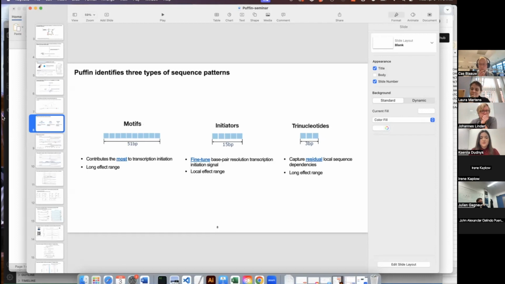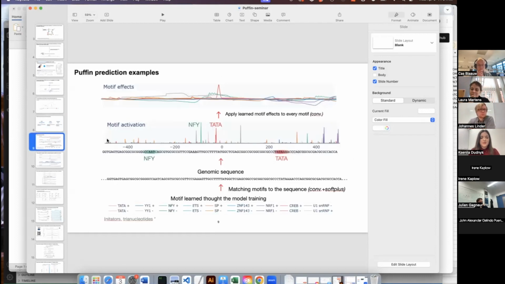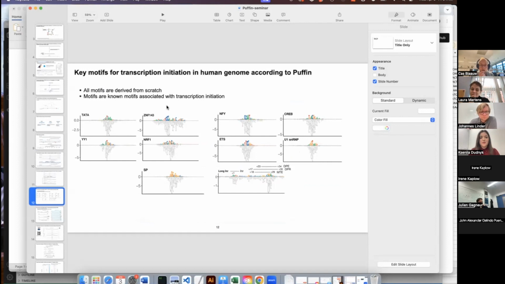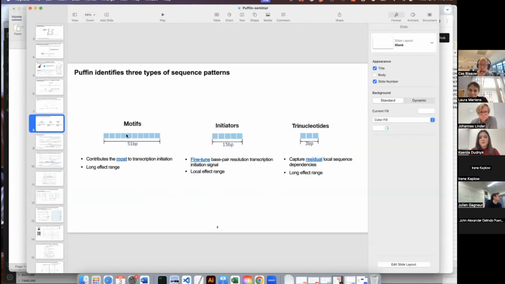Yeah, the motif is 51 base pairs, and I think you're right. You can even see on my plots that most motifs are much shorter than 50 base pairs, probably more like 20 or 25 base pairs. When we chose the size of all the sequence patterns, including motifs, we trained Puffin with different architectures. We tried shorter and longer motifs, and 51 worked the best.